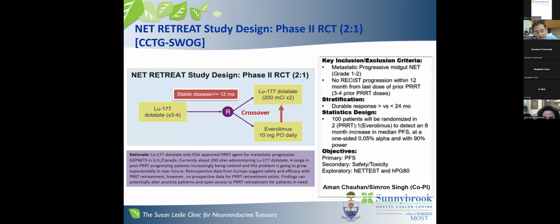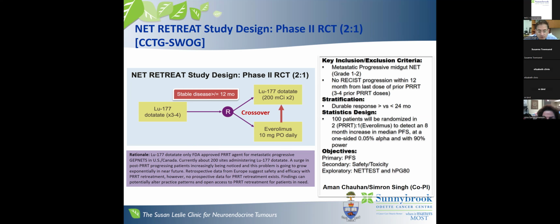And here you can see the schema of the trial. These are patients who have midgut neuroendocrine tumors that had a good stable response, which we defined as 12 months to initial PRRT. They had to have received at least 3 of their 4 cycles, and then they're randomized to receive 2 further cycles or everolimus, but they can cross over. There are a couple of exciting developments here.